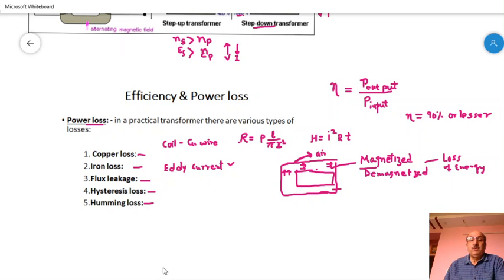So that's all about the basics of transformer. Thank you for watching the video.